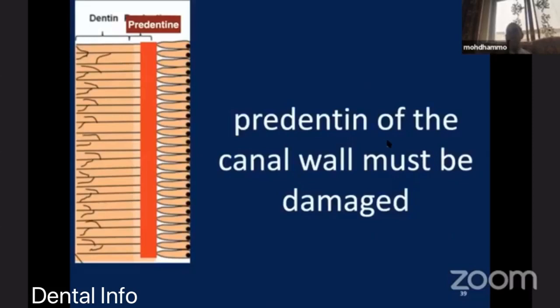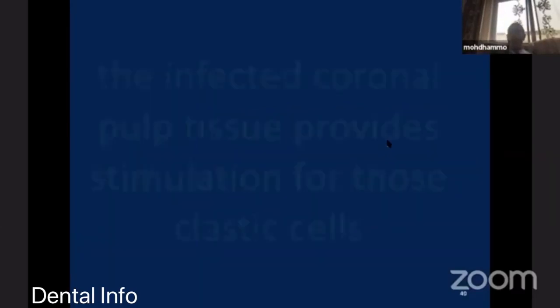Now, how does it occur? Remember, we said between the pulp and dentin, we have a non-mineralized layer called predentin. So when this predentin is damaged, what will happen?